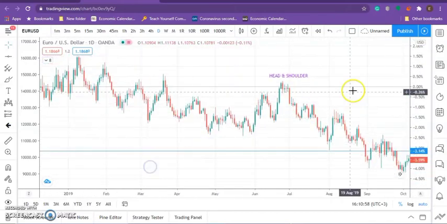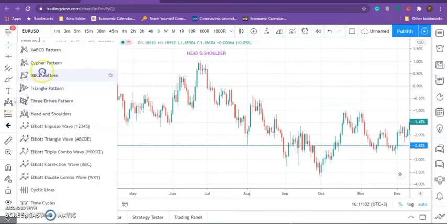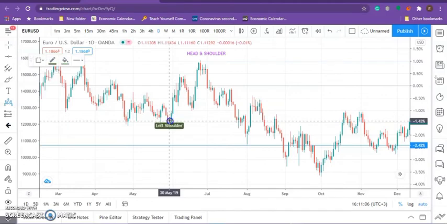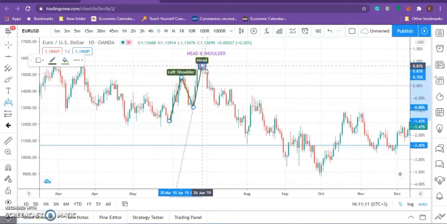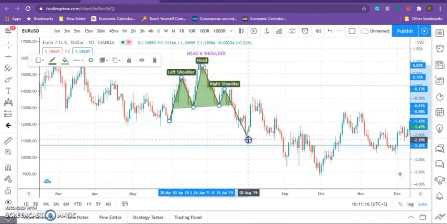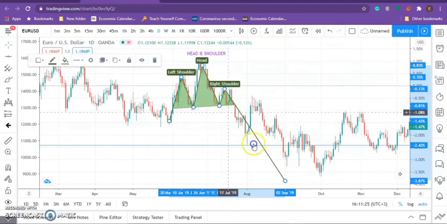I tend to believe we have another head and shoulder. Let's look at it. So we start here, left shoulder, head, right shoulder. Again, this would have given you, if you really got in at the head, almost 4% on the sell.